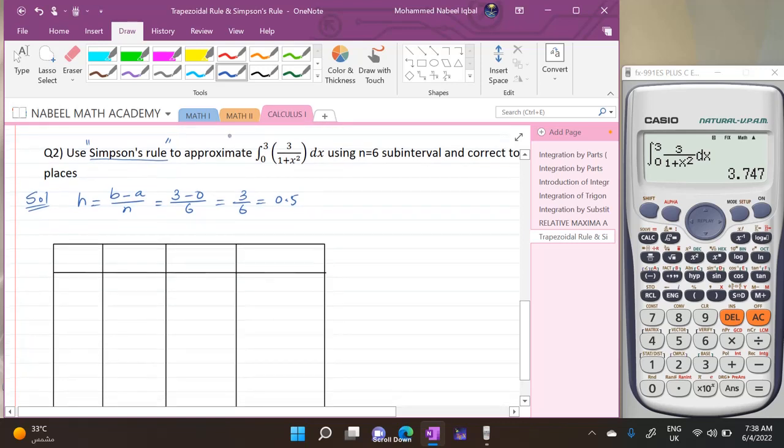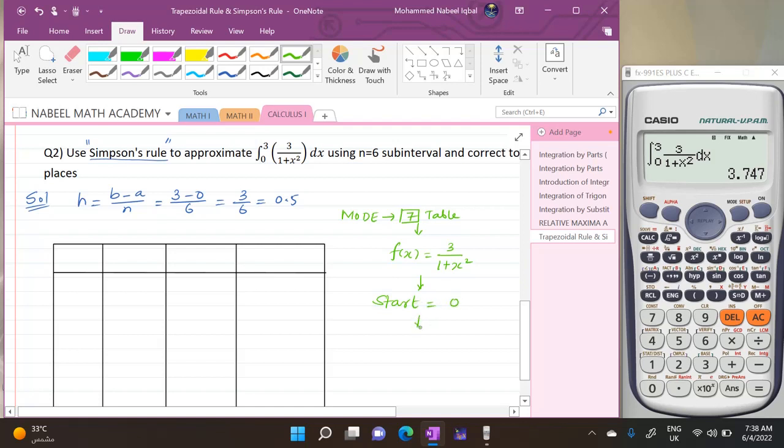Now I have to go through the same table. So I will go through the table, the same story, 7, and then f of x, which is equal to 3 over 1 plus x square, and then it will ask g of x. I don't have g of x, just skip it. And the start value, what is start value?